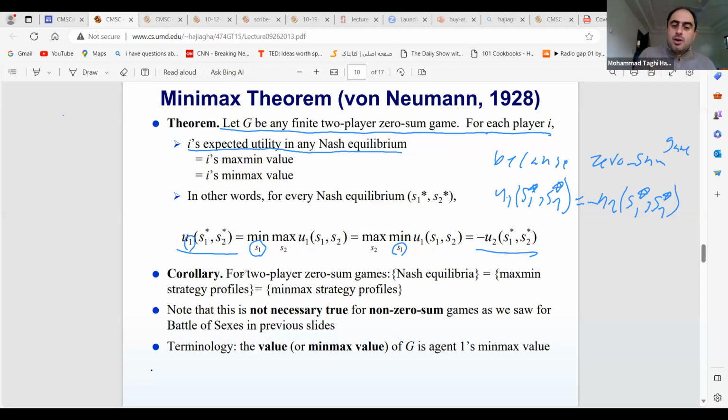So as a corollary, for any two-player zero-sum game, the sets of Nash equilibrium, maximin strategy profile, and minimax strategy profile are essentially the same. This is not necessarily correct for non-zero-sum games, because as you saw, the minimax value and the maximin value were different there, and just one of them was equal to Nash equilibrium.